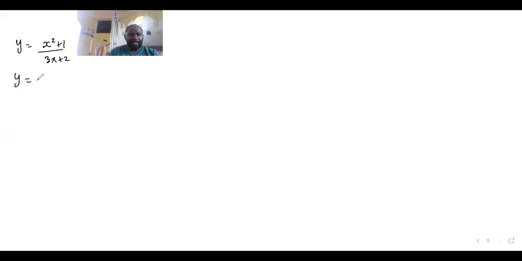The other one is y is equal to root of x squared plus 1 divided by root of 2x minus 1. Some people can handle this one in this form, and they say this is the same as 2x minus 1 power negative a half, then they use product rule. You investigate that in your free time because time is up.